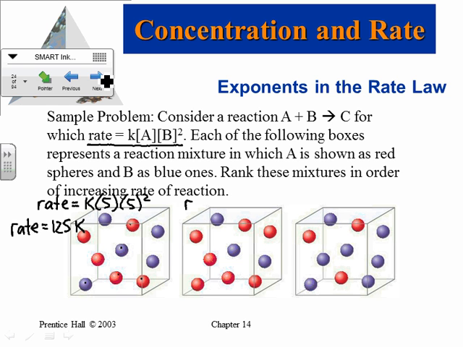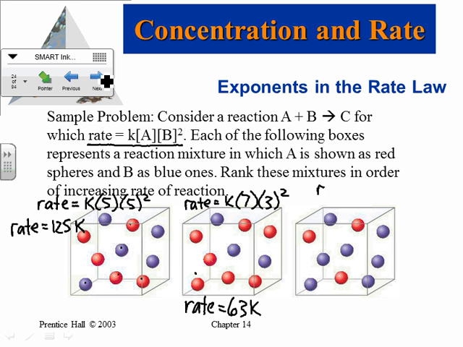On the second one, our rate would equal k times, this time we have 1, 2, 3, 4, 5, 6, 7 red spheres and 1, 2, 3 blue ones, and that gets squared. So then our rate is going to be 3 squared is 9 times 7 is 63, 63k.